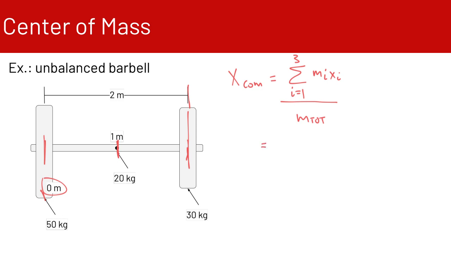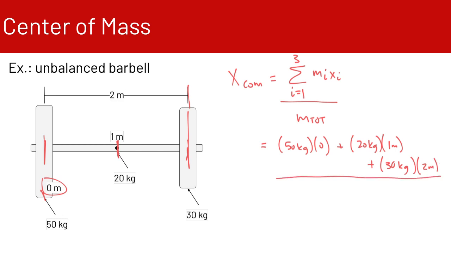So that's equal to, we have 50 kilograms times 0 plus 20 kilograms times 1 meter plus 30 kilograms times 2 meters. All that is divided by our masses. So we have 50 plus 20 plus 30.